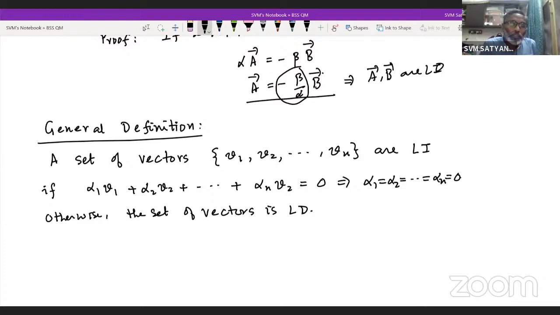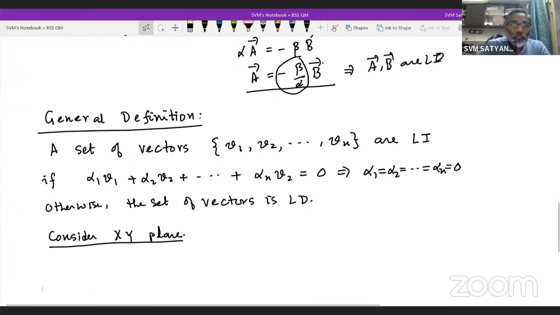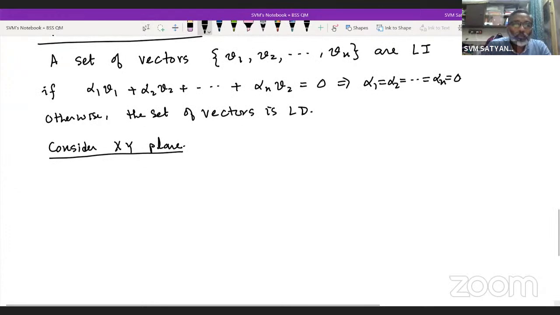Okay. Now let me talk about this. Suppose you take a plane. Let's consider the xy plane. Now let's say I have an xy plane like this.